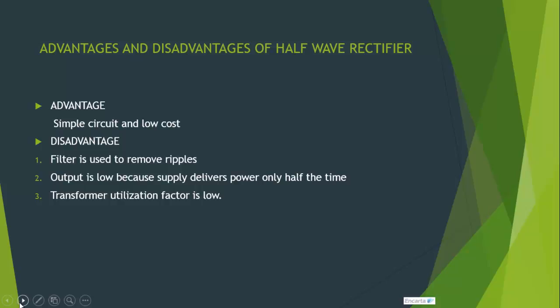The first disadvantage is a filter is needed to remove ripples. The second disadvantage is output is low because supply delivers power only half the time, and the transformer utilization factor is very low in case of half wave rectifier.